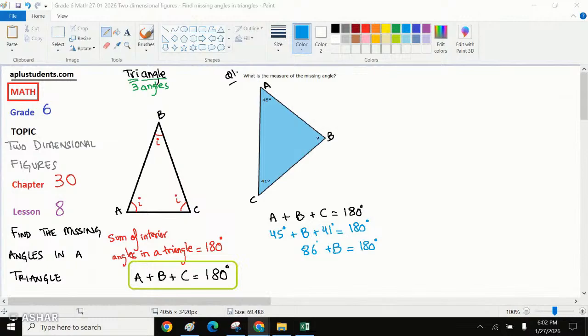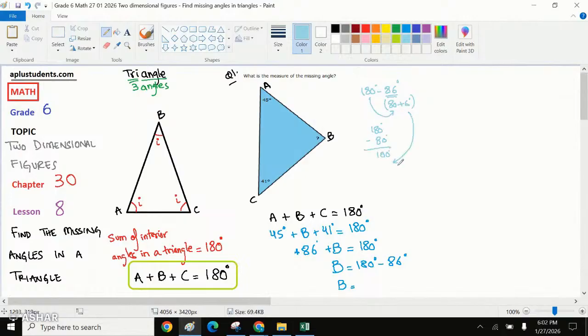Okay, Krinsley? So we can say B would be equal to, this was adding on this side. When we take it to the other side, we subtract. So angle B comes out to be 180 minus 86. This is how I would do it: I break this 86 into 80 plus 6. 180 minus 80 would be 100, right?